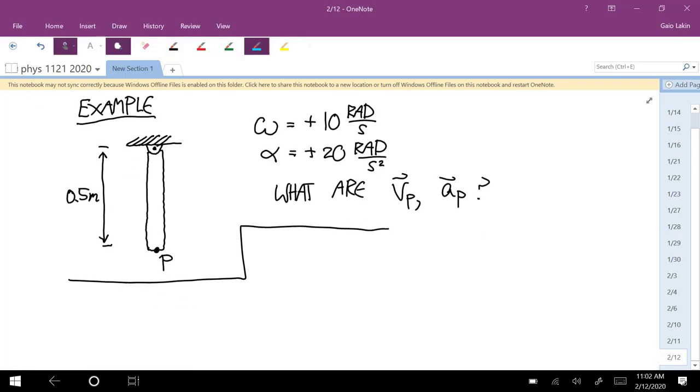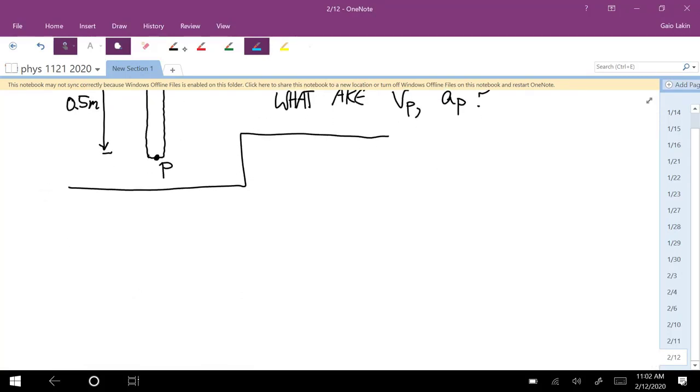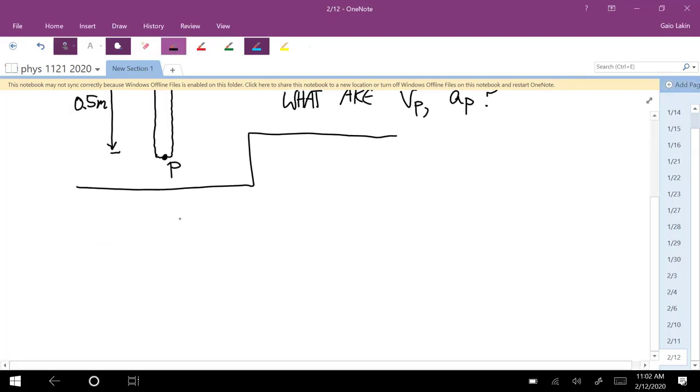Okay, well, we know from the signs of the angular velocity and angular acceleration that it's moving counterclockwise. Its acceleration is counterclockwise, which means it's speeding up in a counterclockwise rotation.